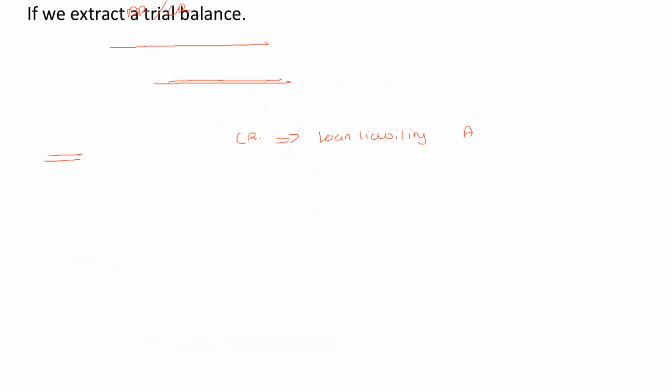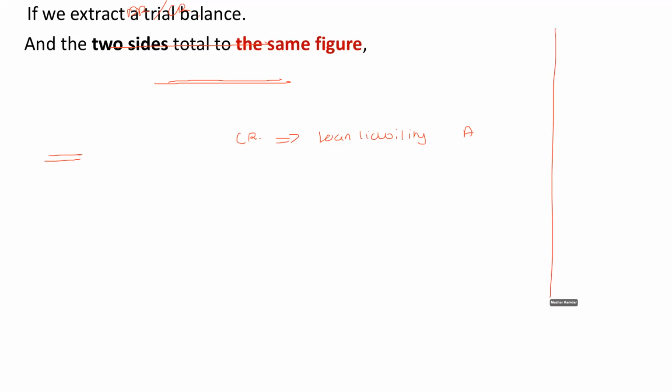Now, if we extract a trial balance, that means they're trying to tell you that if you draw a trial balance and the two sides total to the same figure, that means the total of your debit column and the total of your credit column come up to the same figure.